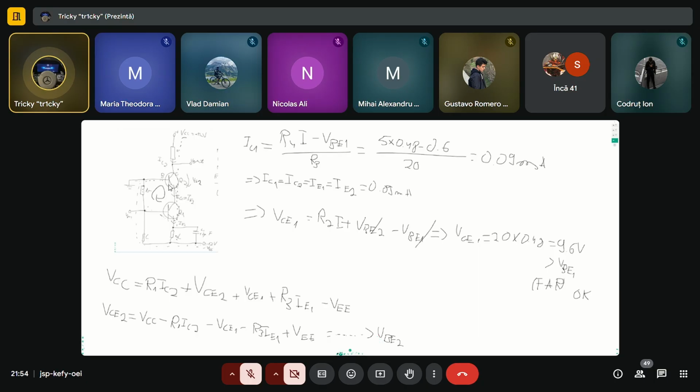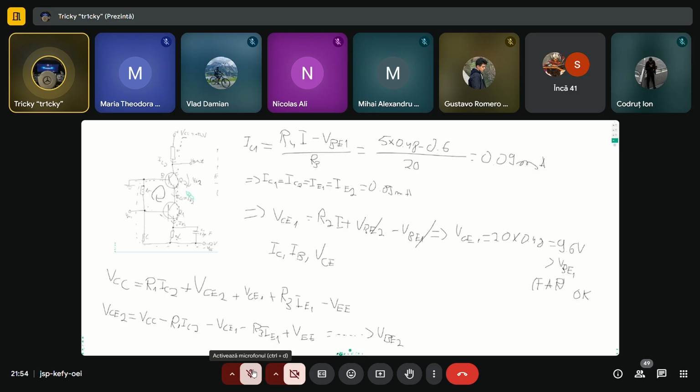Okay, I think this is it for the DC operating point. So some things to go over again. What we are aiming to calculate is the currents, so IC and IB for each transistor, and VCE, and that's it.